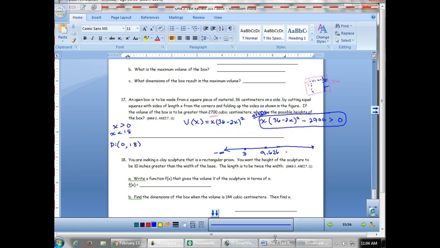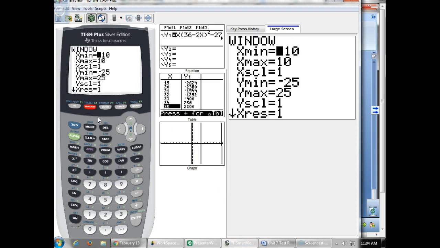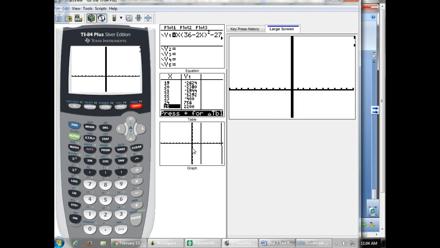So let's go back to the calculator and look at it. Maybe I'll change my window. Have y'all played around with this? So what is going on? It's got to be going up, down, and it's got to be coming back up again. But will that even matter? Probably not. Well, probably not, you're right, because what do we have here?